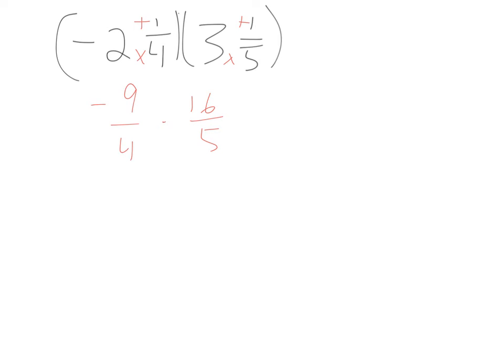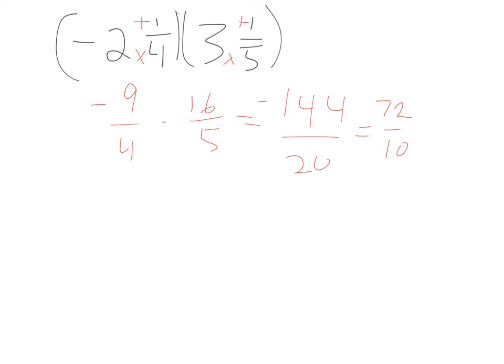Then you can multiply straight across the top. And in that case, 9 times 16 is going to be 144 over 20 on the bottom, and it will be negative. You do have to reduce. So when you divide them both by 2, 144 divided by 2 is going to be 72. And then you'll have 10 on the bottom.